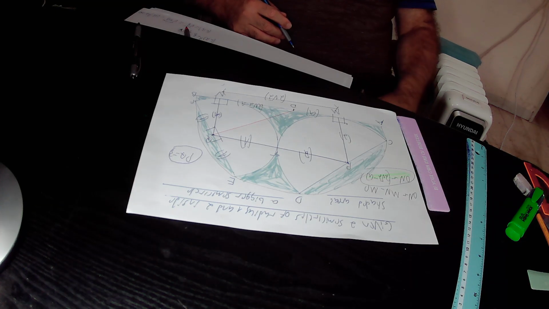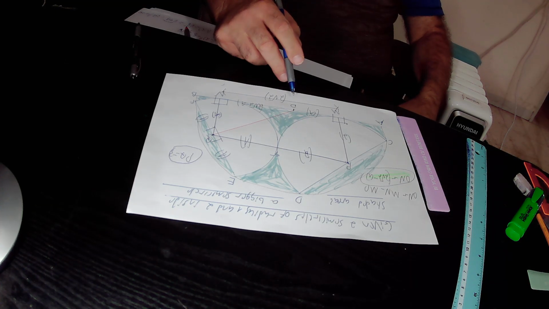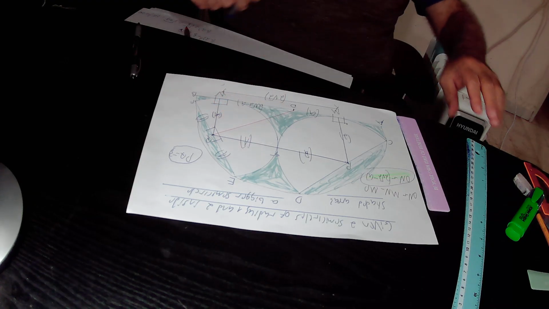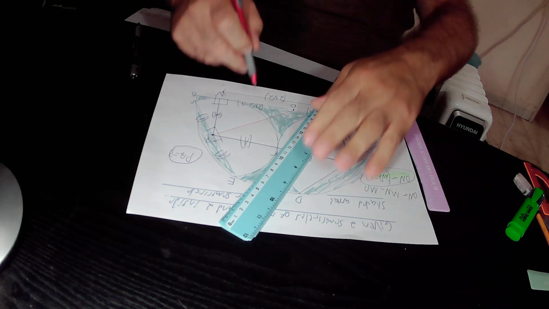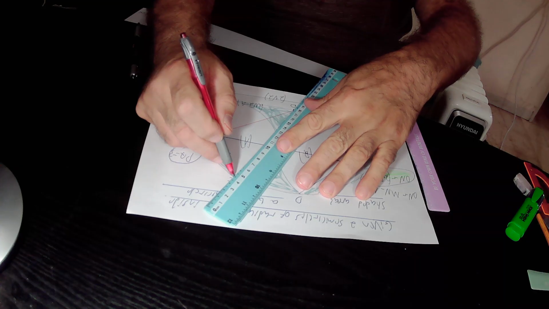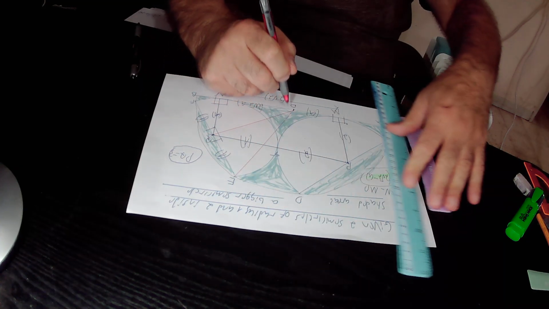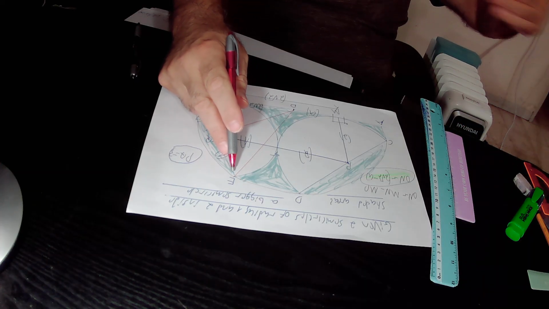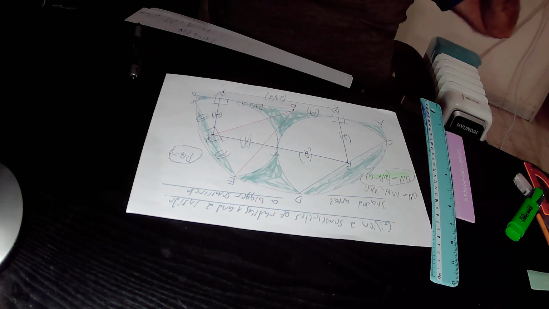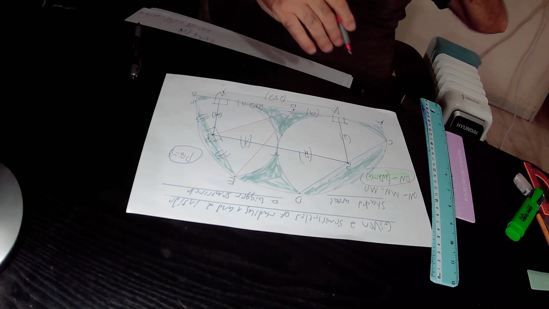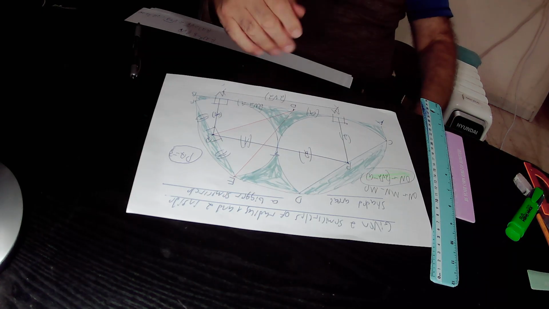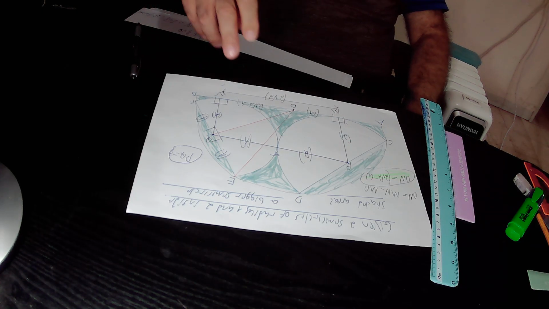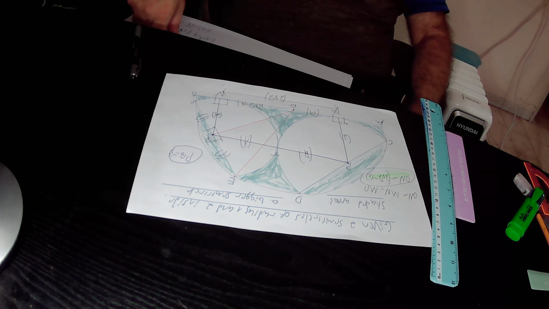In the next step, we'll join points O and E together by a straight line. Point O is the center of the biggest semicircle. Point E is a point on the biggest semicircle itself. Therefore, OE is the radius of the biggest semicircle. We define the radius of the biggest semicircle as x.